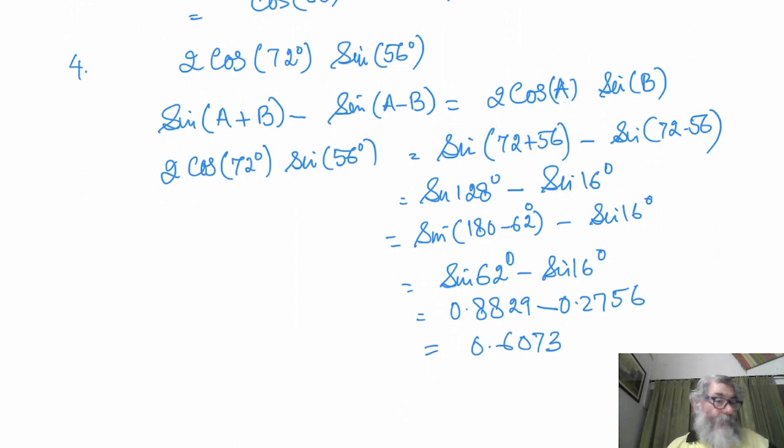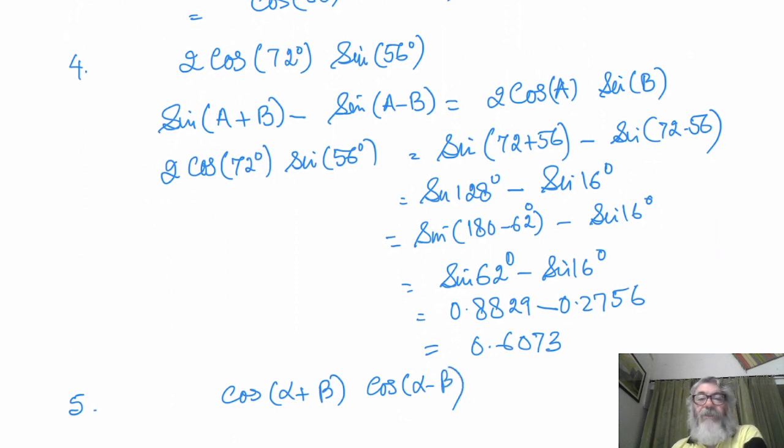Now let us see the next question, fifth part. It says cos alpha plus beta and cos alpha minus beta has to be expressed as sum or difference. Now in this 2 is not there, like I had said.